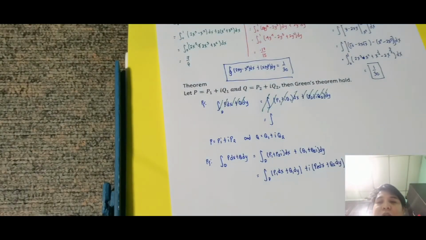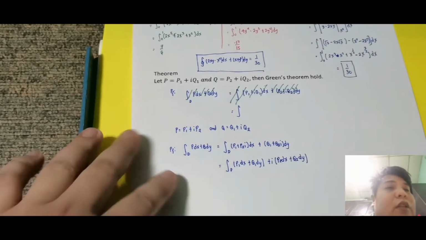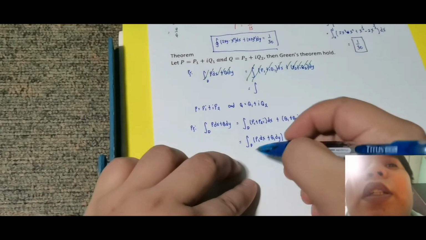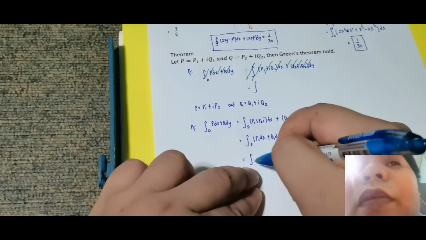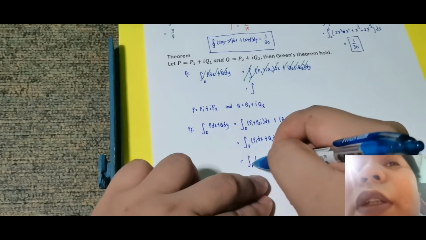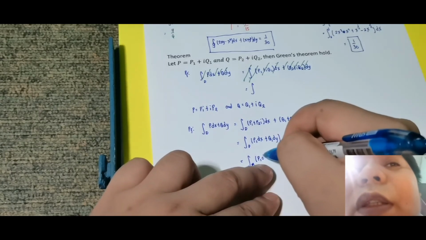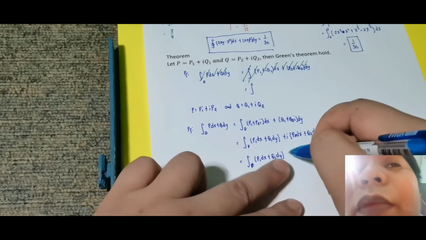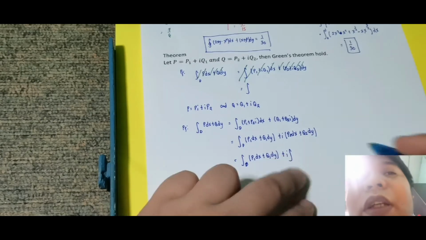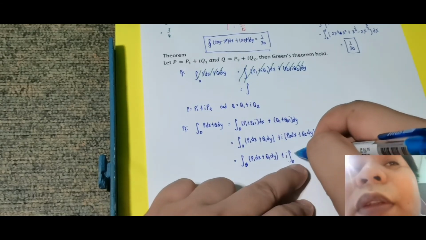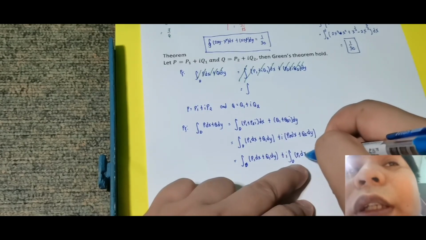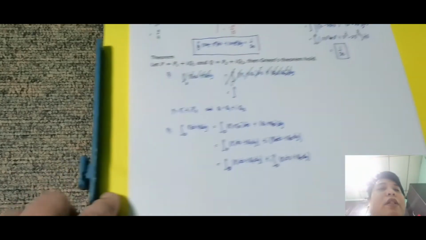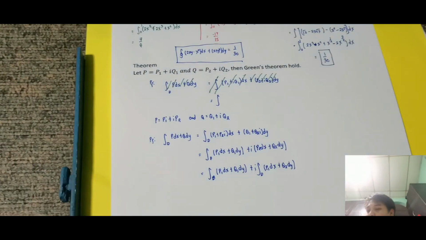Okay, ngayon, pag ihiwalay ko yan in terms of integral, this is equal sa integral along D ng P1 dx plus Q sub 1 dy plus i, labas ko lang yung i, along D ulit ng P sub 2 dx plus Q sub 2 dy. So kung napansin nyo, nakandun na tayo sa form na ito.